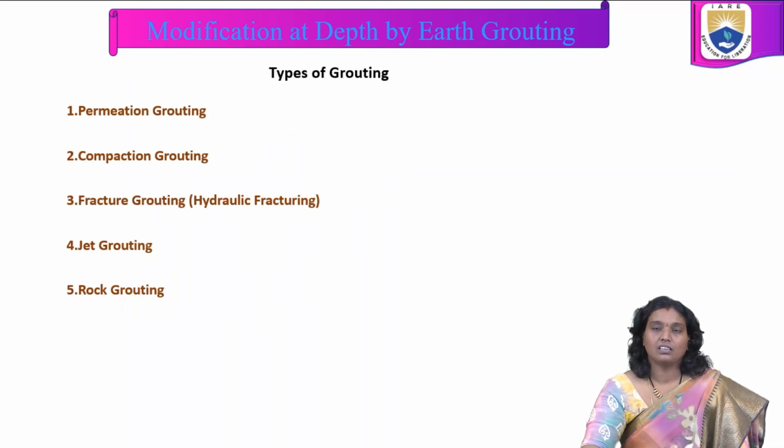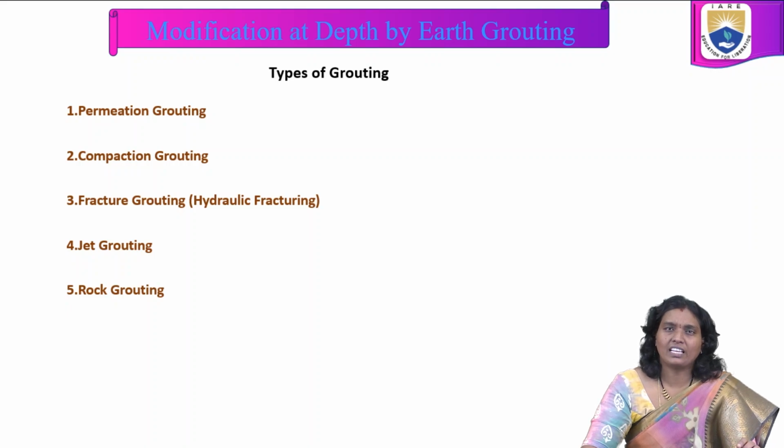In this, various types of grouting are there: permeation grouting, compaction grouting, fracture grouting, jet grouting, rock grouting. These are the various types of modification at depth by earth grouting.